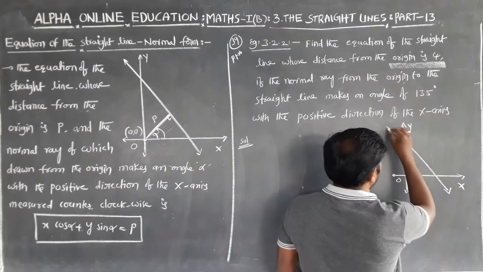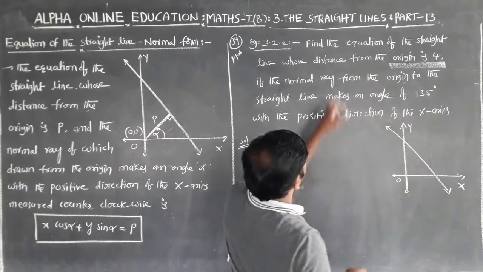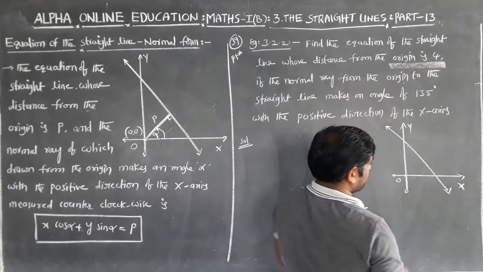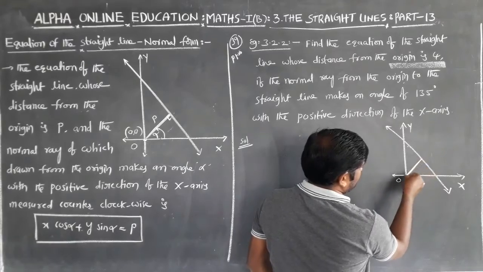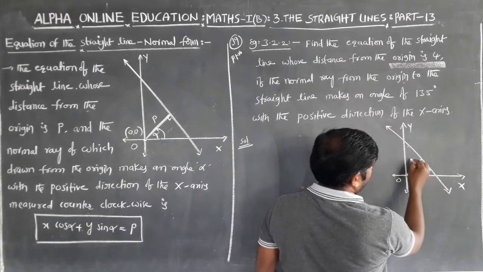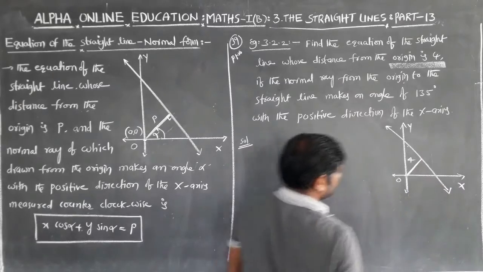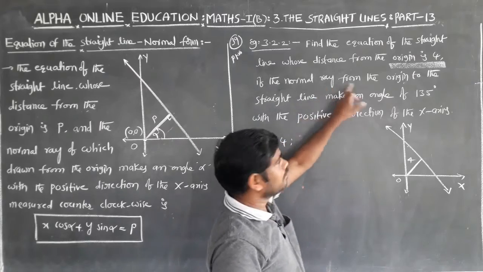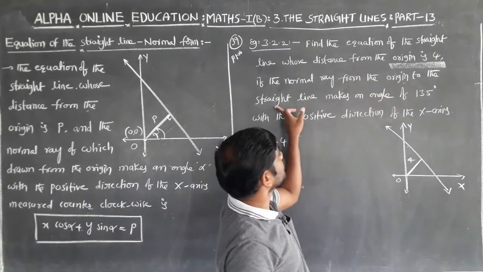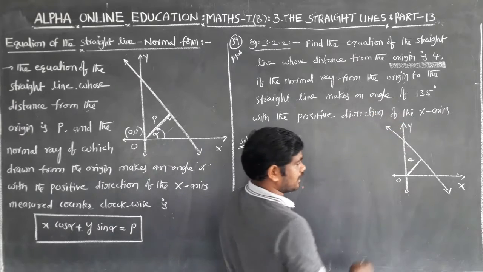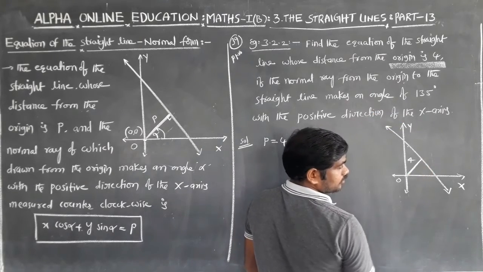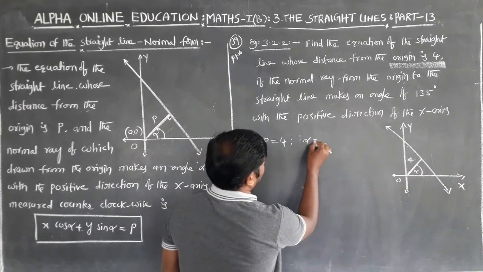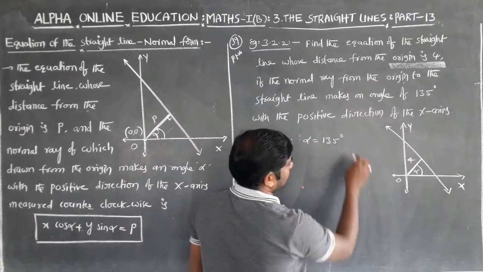The equation of the straight line whose distance from the origin is P. Here the distance from the origin is 4, means P is equal to 4, and the normal ray makes an angle of 135 degrees with the positive x-axis. So here alpha is equal to 135 degrees.